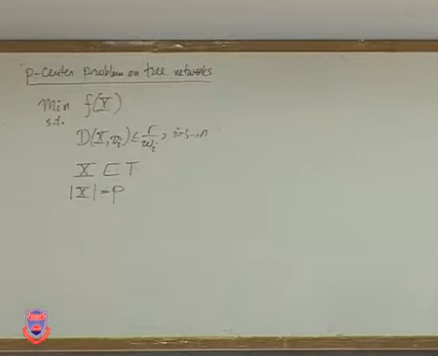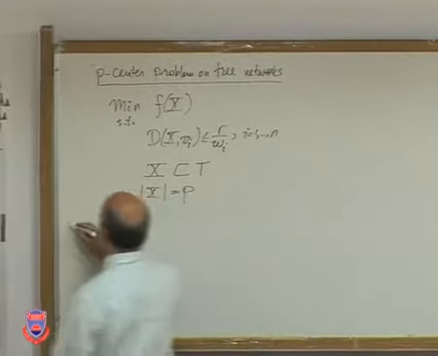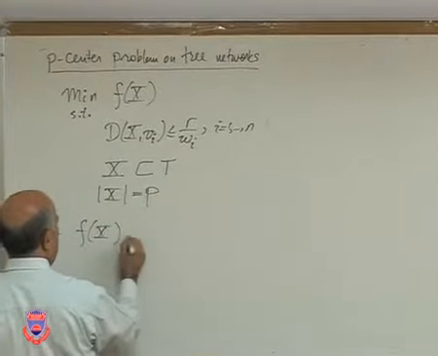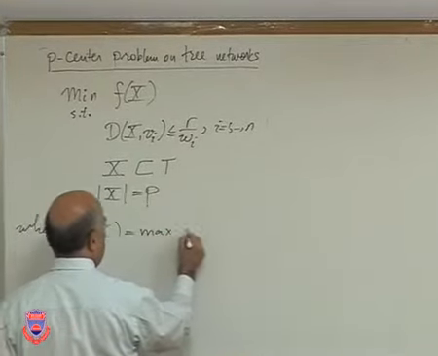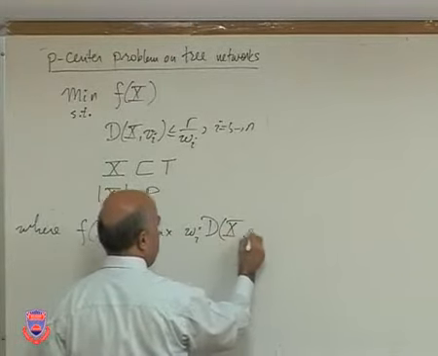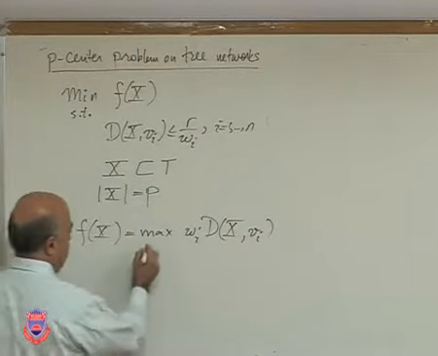Okay? So, this formulation, we've already talked about this. F of x is simply the maximum weighted distance of each vertex to a closest element of the point set x.